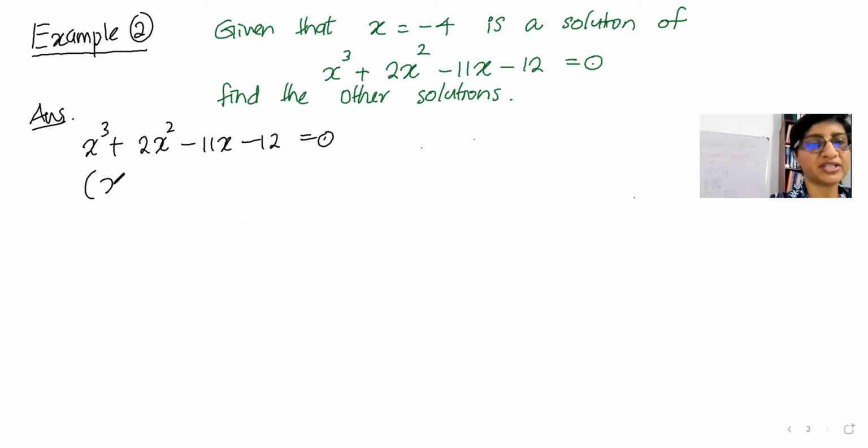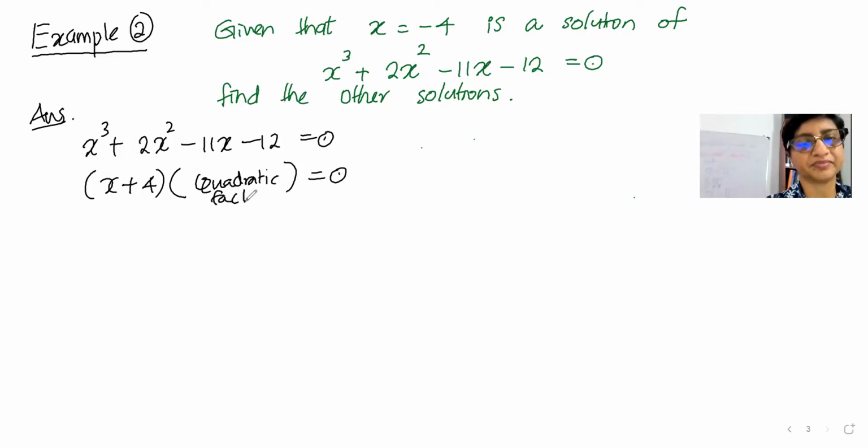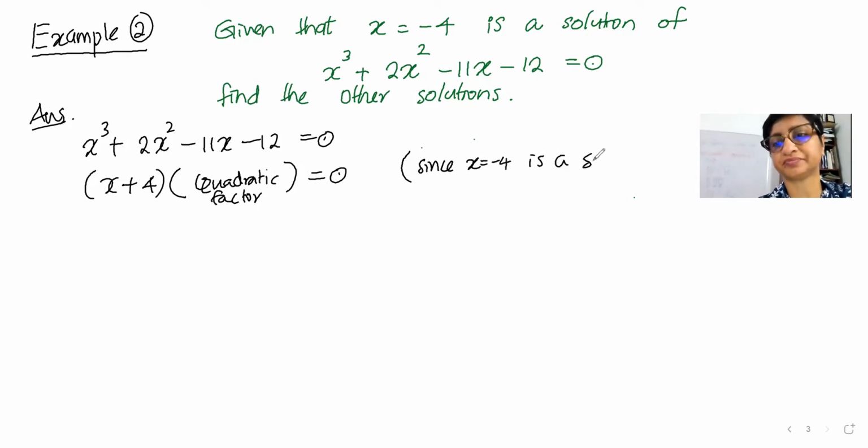One factor I already know, it's x plus 4, and the other factor should be a quadratic factor. Let me write in brackets, since x equals minus 4 is a solution. Now, let us find this quadratic factor.